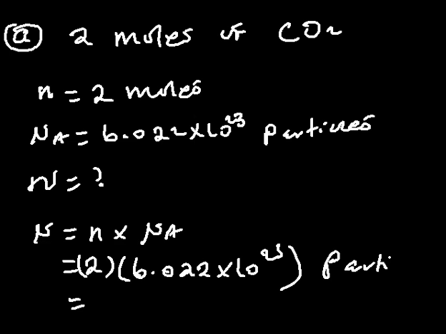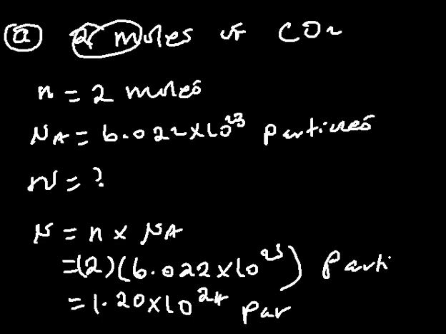That will be given as 1.2 times 10 to the power positive 24 particles. Which means in 2 moles of carbon dioxide we have about such a number of particles. You should understand that.